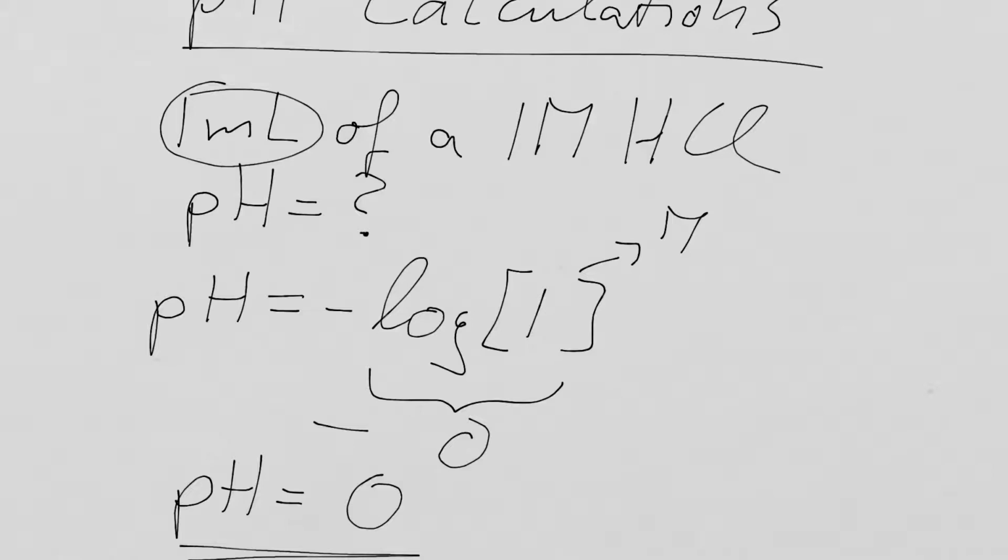We haven't used it really in our calculation. Does it matter? No, it doesn't matter. Because the pH is totally independent of the volume in which we have the solution. It basically boils down to this: what is our molarity of the protons?